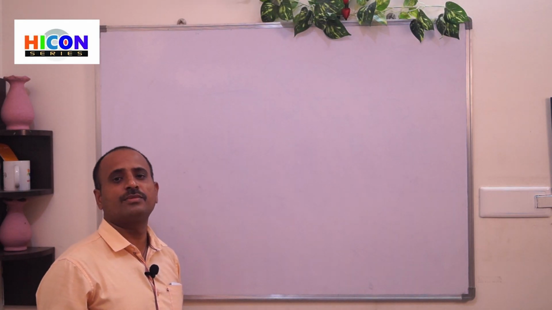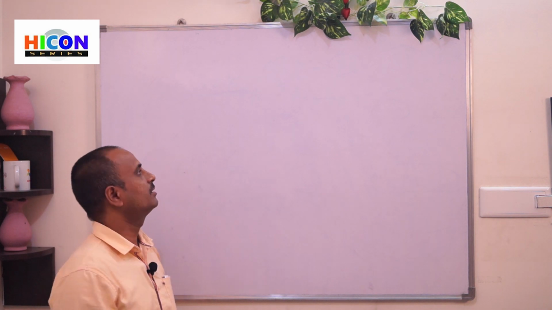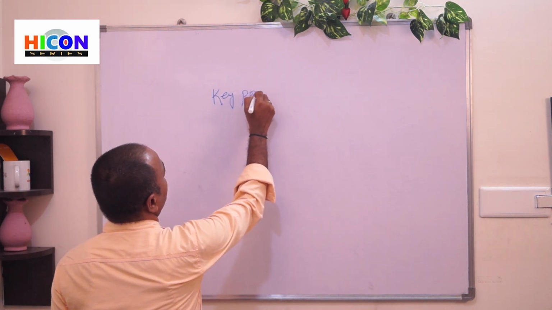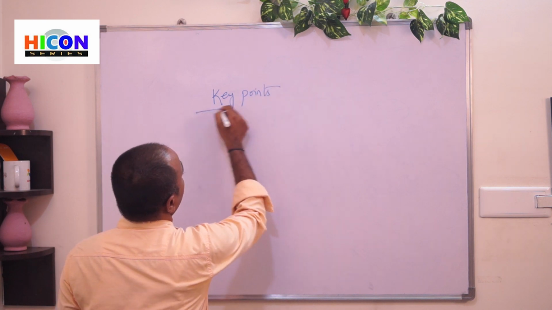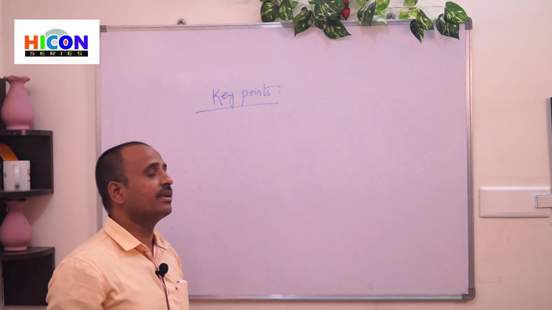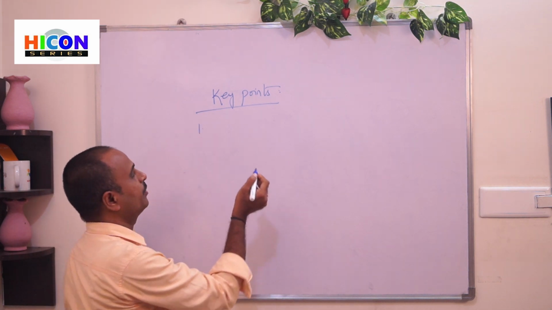So let us recall some important points we have discussed in the chapter. The main key points in this chapter are that there are different types of plants and there are different parts in a plant.